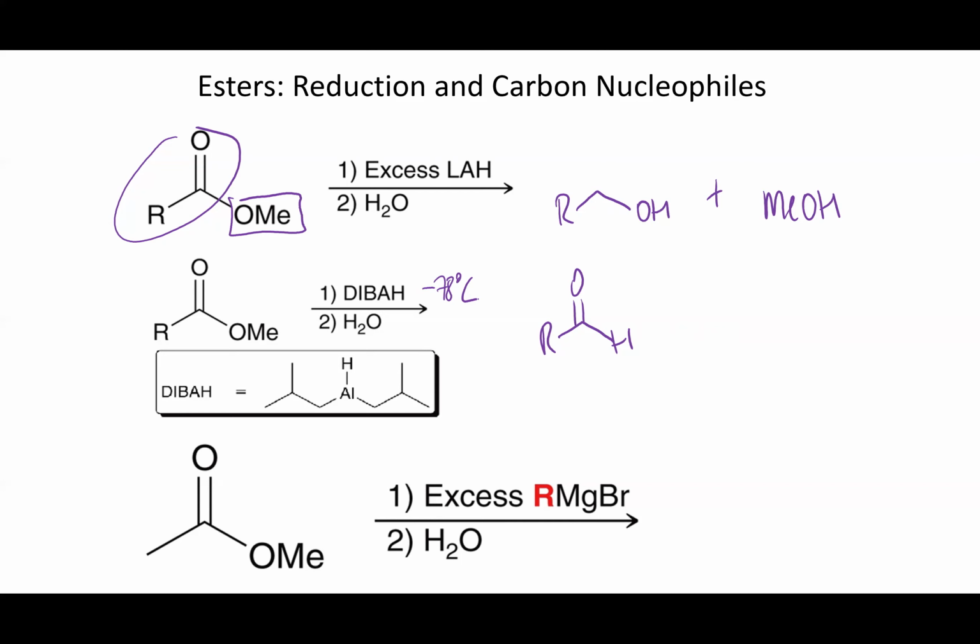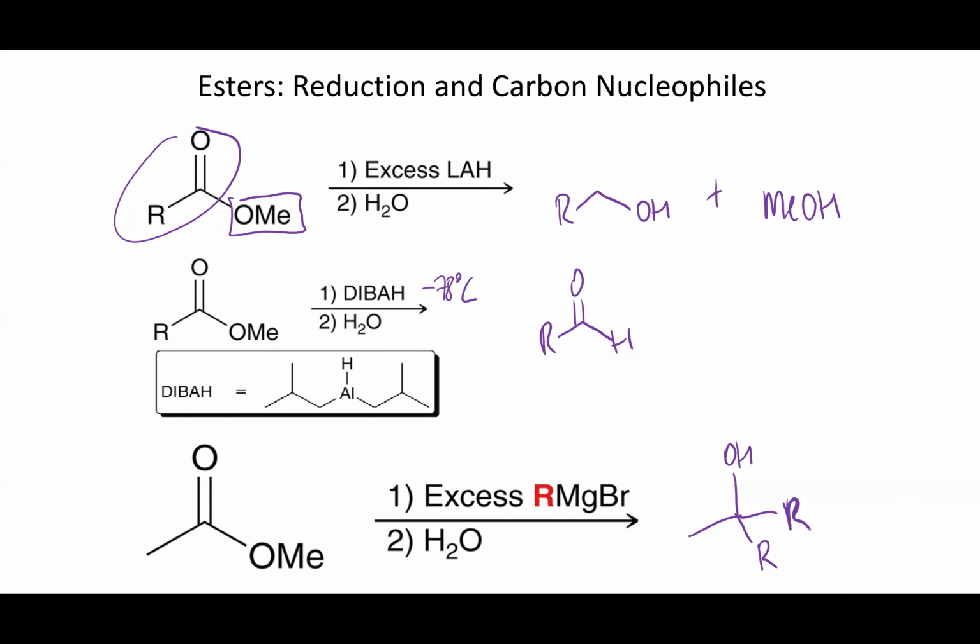This reaction, the Grignard reaction on the bottom of the slide here, is analogous to the reaction we talked about with the acid chloride, and it's also a reaction that we talked about in the alcohols chapter back in Org 1. So the Grignard reagent adds twice. The intermediate is a ketone.